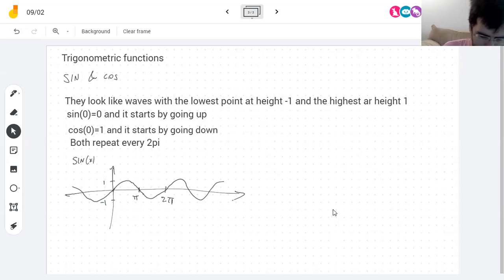And cosine of x is sine, but translated. So pi, 2 pi, I said it starts at 1, and then it goes down. So here I have to have done half a wave.